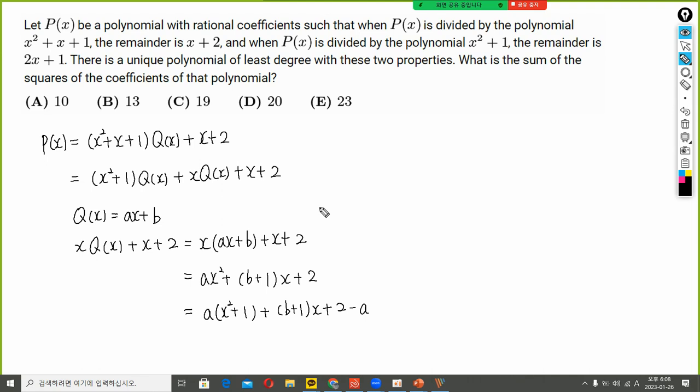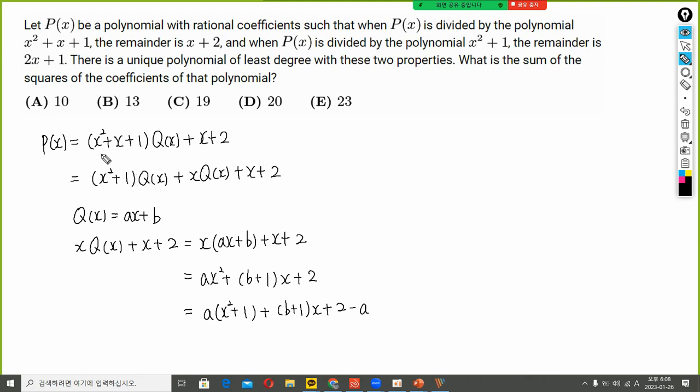Yep, so in this case, the first condition is when p(x) is divided by x squared plus x plus 1, the remainder is x plus 2. And because we don't know the quotient, I set the quotient as q(x). And the second condition is when p(x) is divided by x squared plus 1.